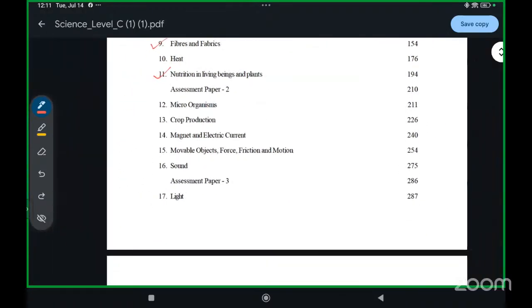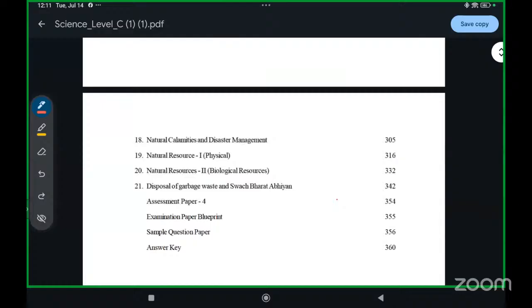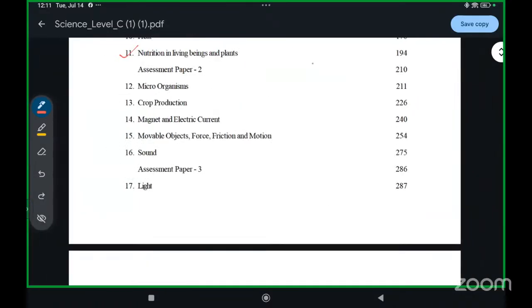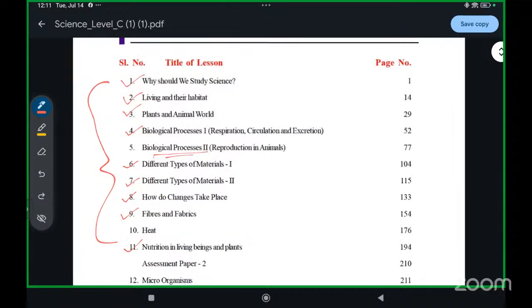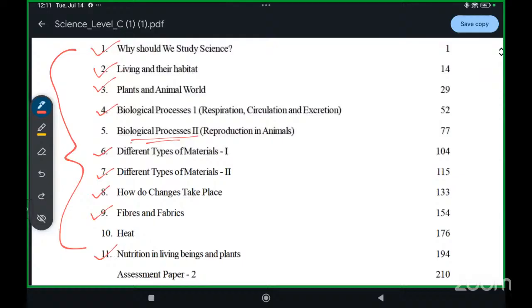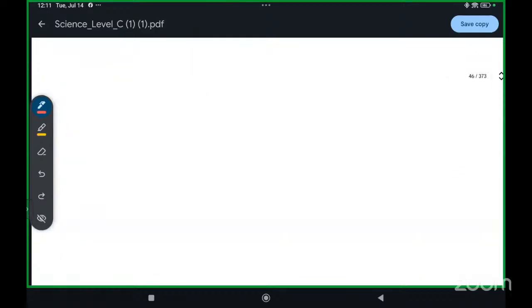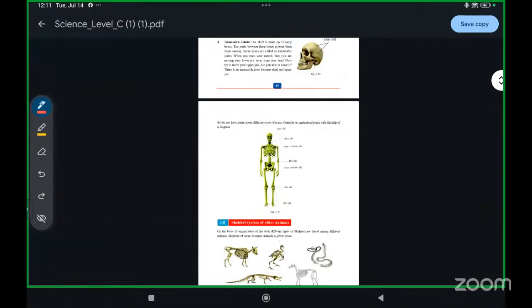Then we will come to the heat chapter. We'll finish all the chapters and then I'll begin the revision from here. These chapters we'll do once again, so those of you who joined in between can revise nicely. Eva and Abija can get a revision of the previous chapters.